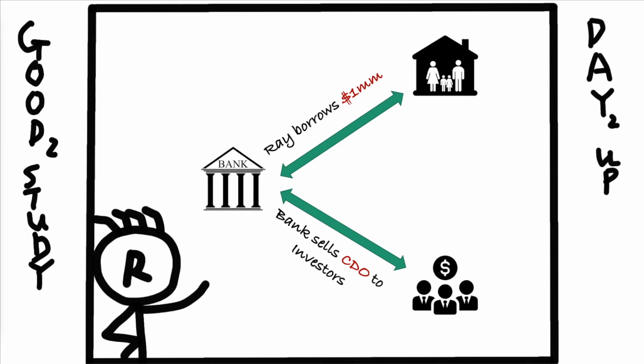When banks get a mortgage, they'll pack it into a CDO and sell it to investors, get the money back, and lend out to more customers, and keep creating new CDOs and selling to more investors.